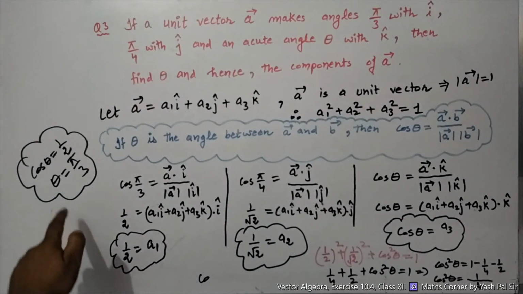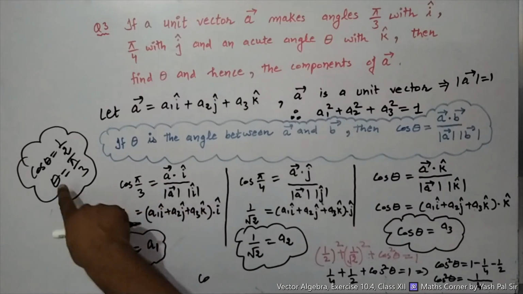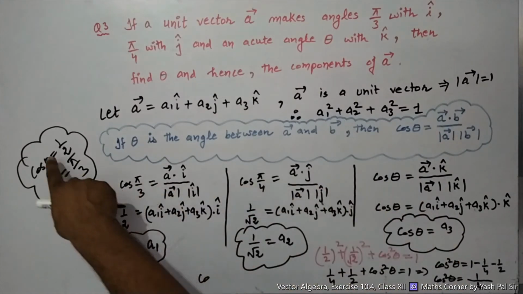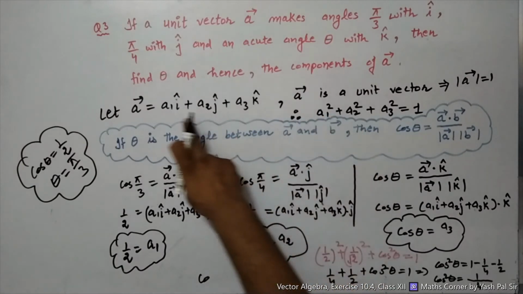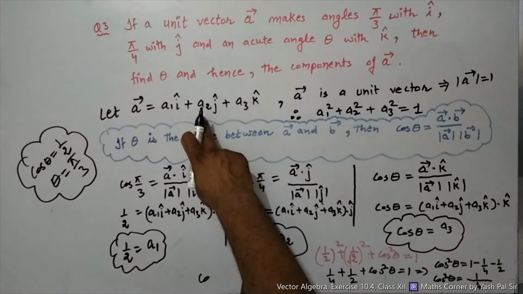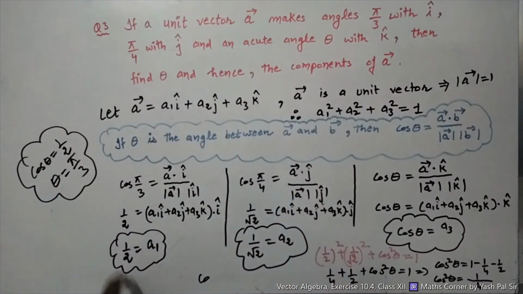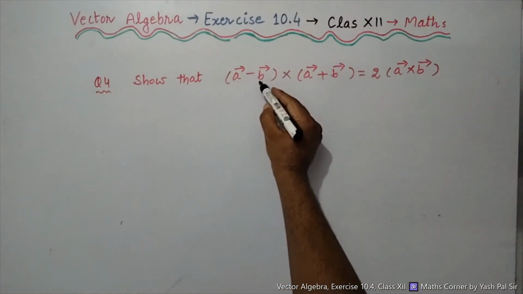So this is the required value of theta, and the corresponding components, they are now cos theta, cos pi by 3 is equal to 1 by 2. So a1 is equal to 1 upon 2, a2 is 1 upon square root 3, a3 is equal to 1 upon 2. Next question, question number 4.